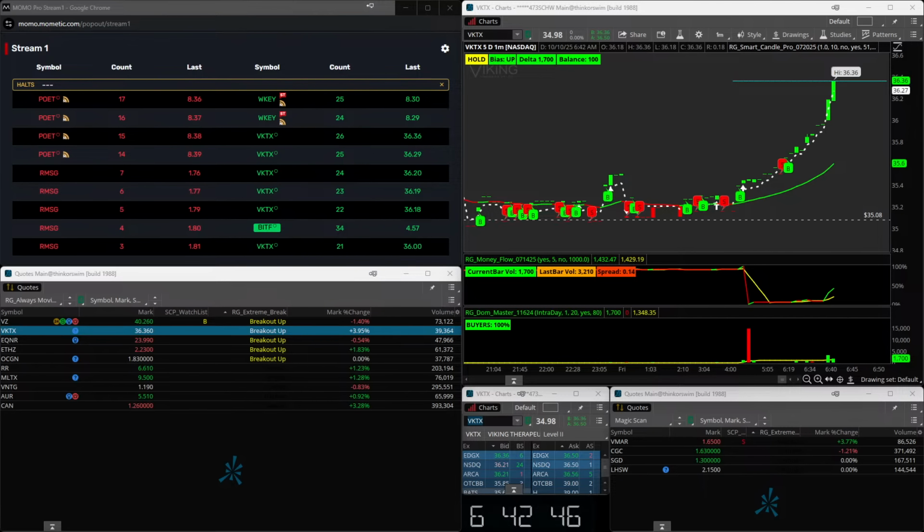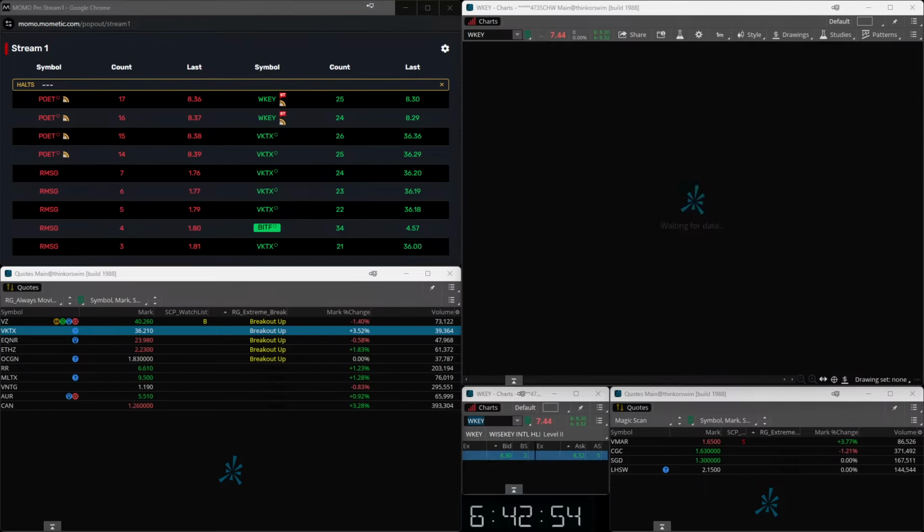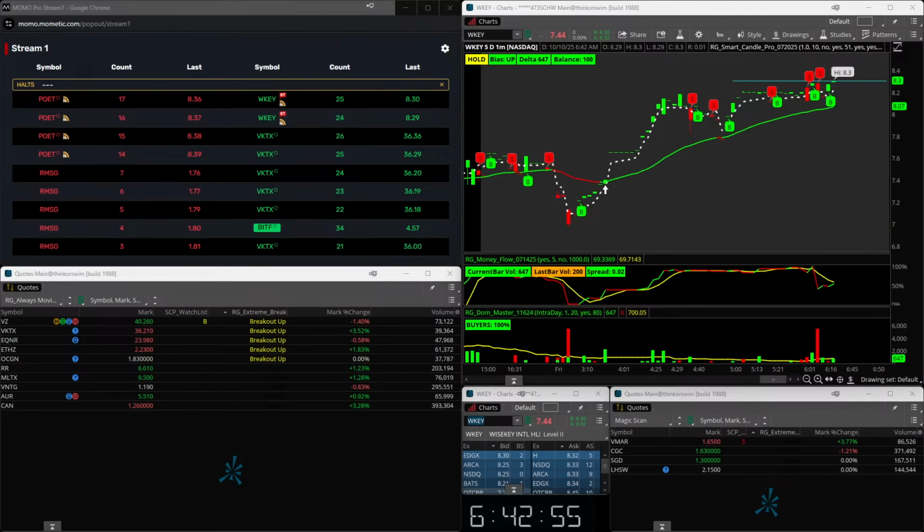Nothing there on WKEY. Not seeing any volume movement in this scan or this one, or any of the other 12 I'm running.